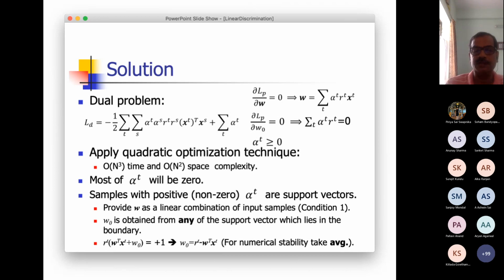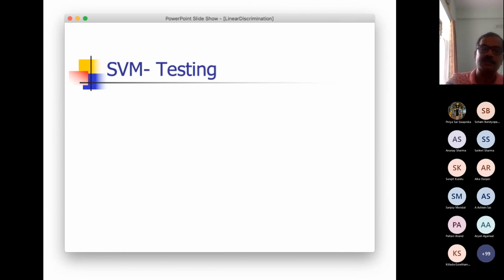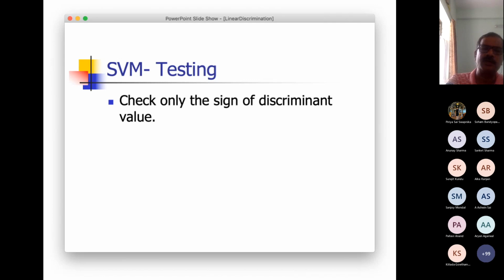Each one will give you a W naught, and statistically you can take the average of W naught. This is how you get the hyperplane which has the maximum separability from the training data set.